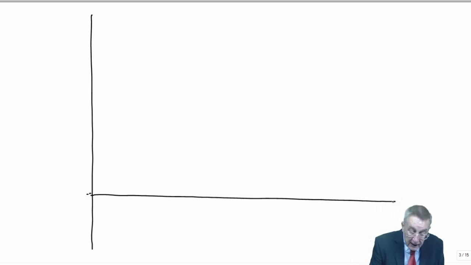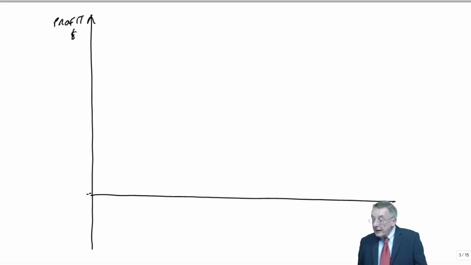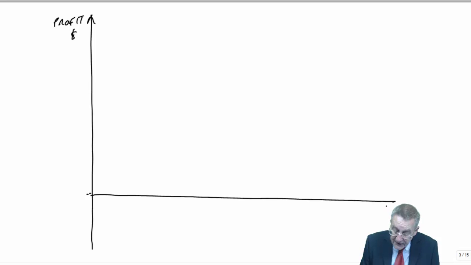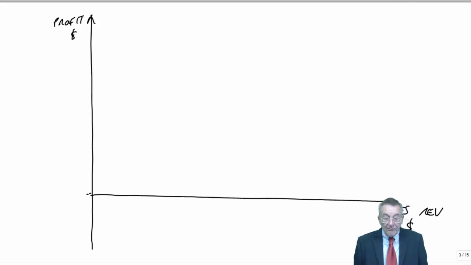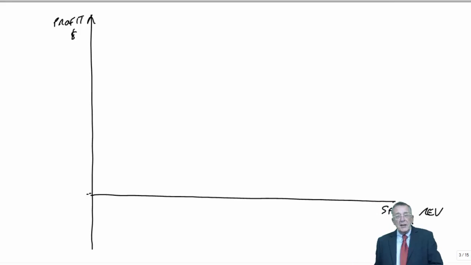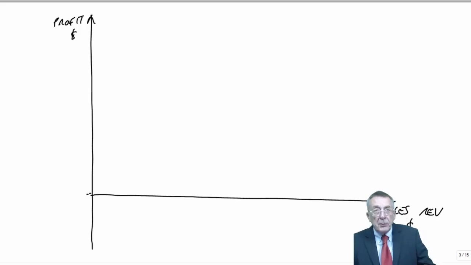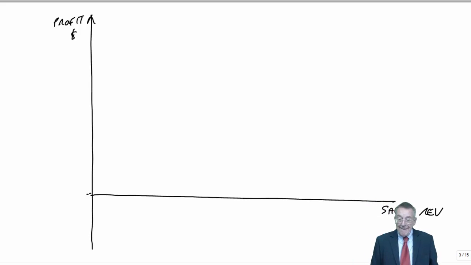The profit volume chart, we're simply going to show what the profit is for different levels of production. Although this time, instead of doing it in units, I'll do it as against sales revenue, which in fact tends to be more common. So as the sales revenue is higher, the profit will be higher, and vice versa.